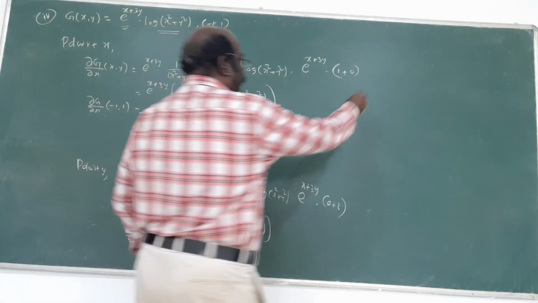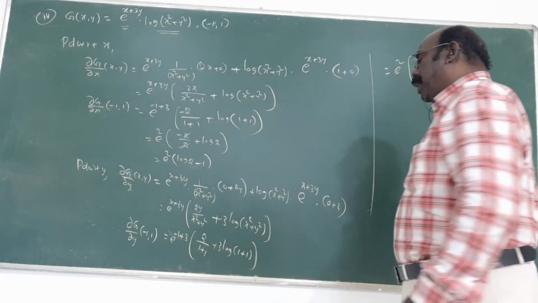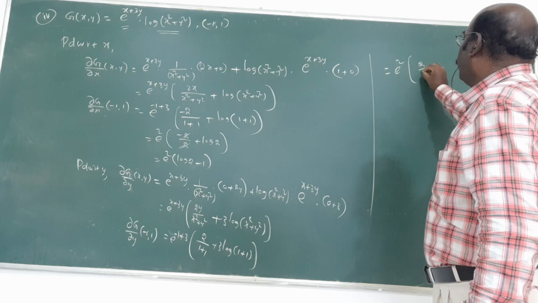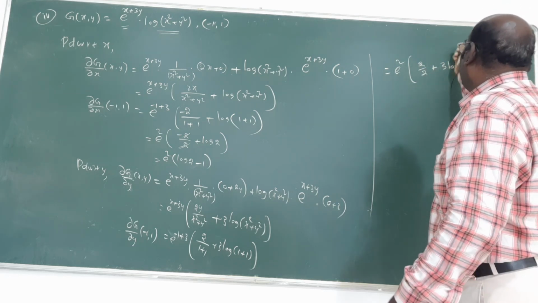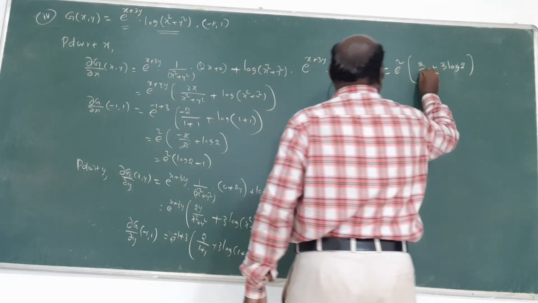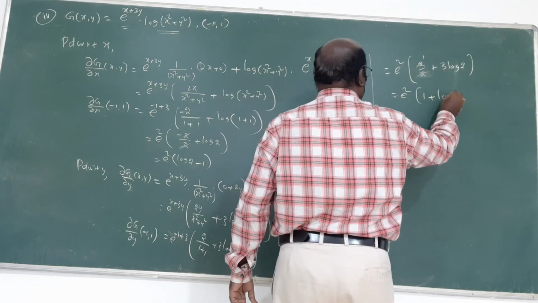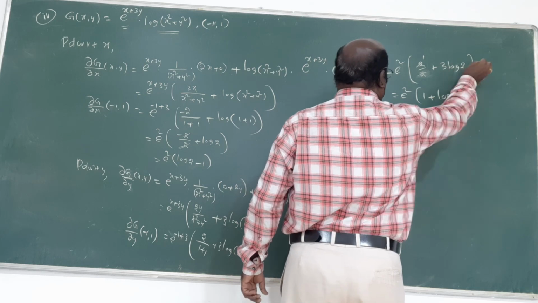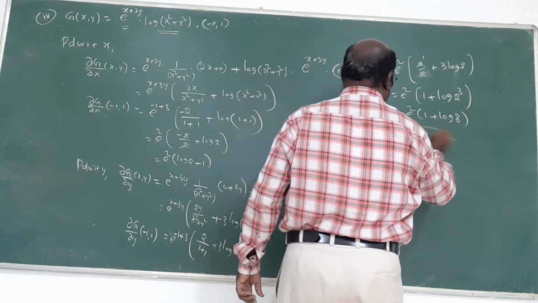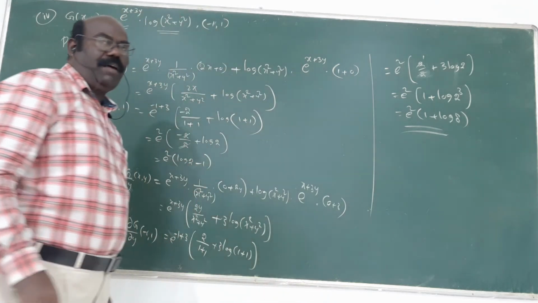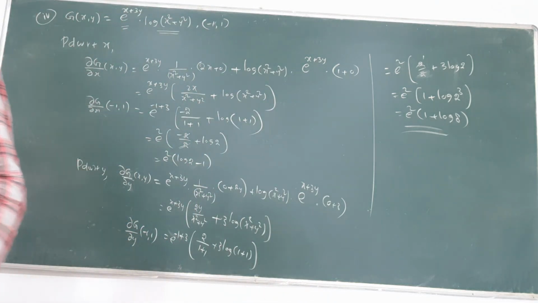Now equal to e power 2 into bracket 2 by 2 plus 3 into log 2. Now cancel: e square into 1 plus, this can be log 2 power 3, which is log 8. The simplification is 1 plus log 8 is the answer. After differentiation, only simplification. That's all.